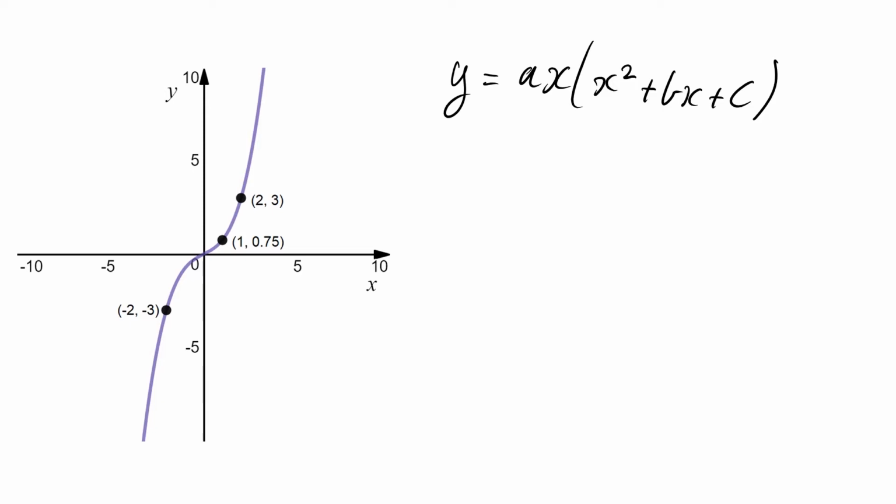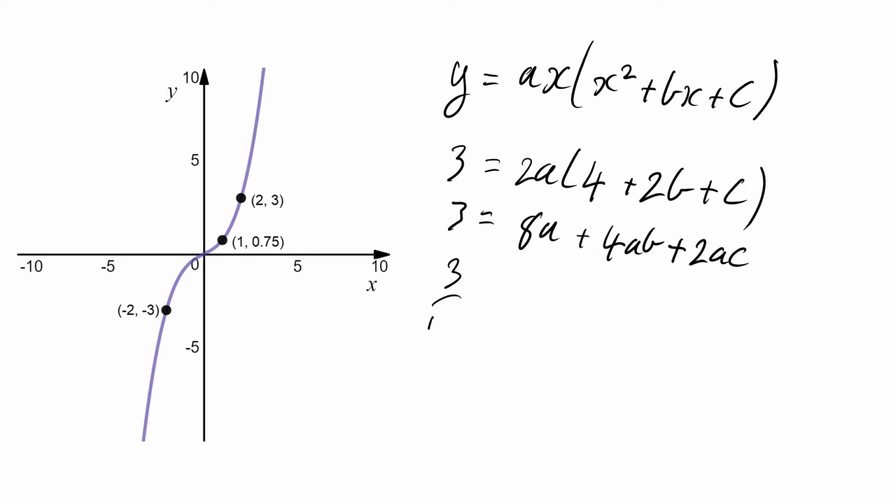So I know this top coordinate 3 is going to equal 2a lots of 2 squared, which is 4, plus 2b plus c. 3 over 4, use fractions, come on. a lots of, this will be 1 plus b plus c.